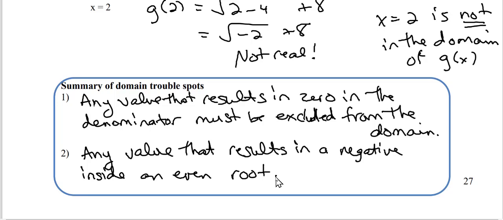So a square root, a fourth root, a sixth root. Can't have negatives inside any of those. It's okay to have a negative inside a cube root or a fifth root.